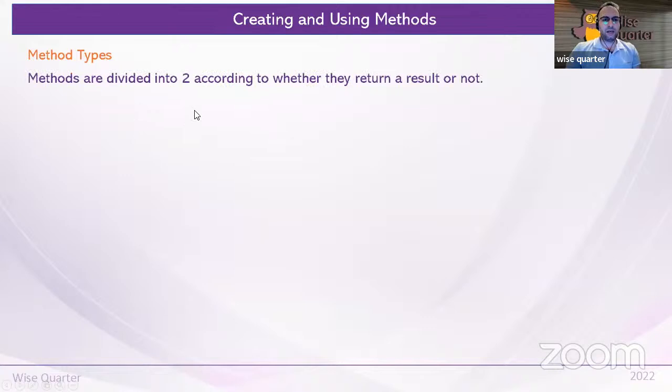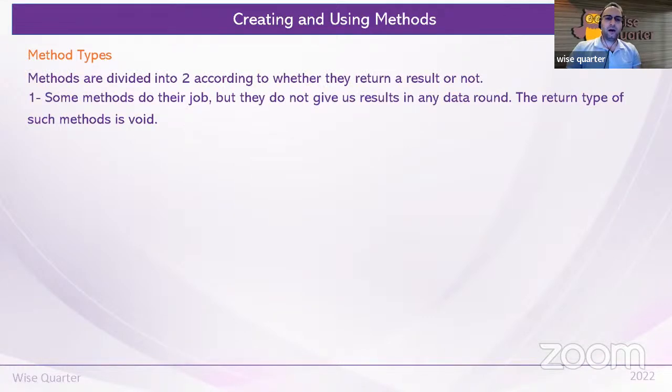Method types, there are actually two method types. The first one returns nothing. And you will ask what it's for if it returns nothing.